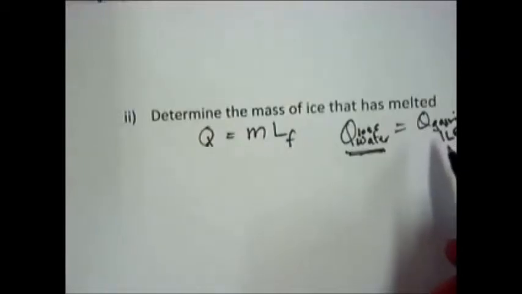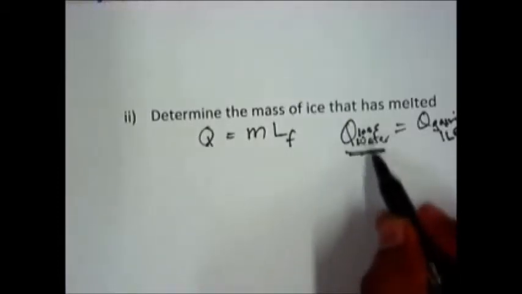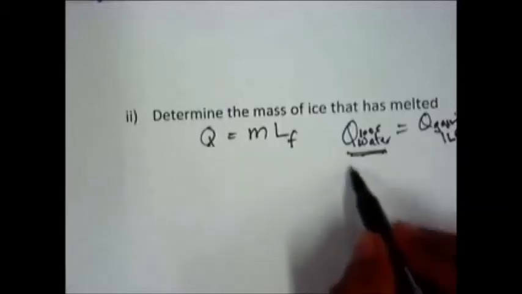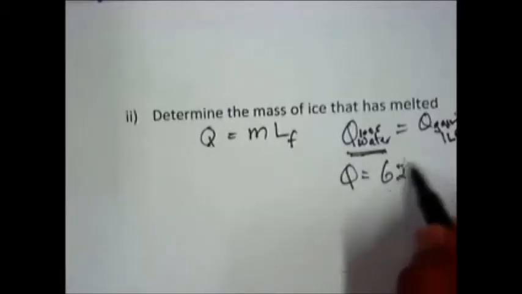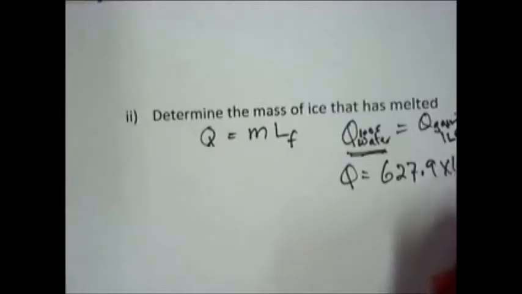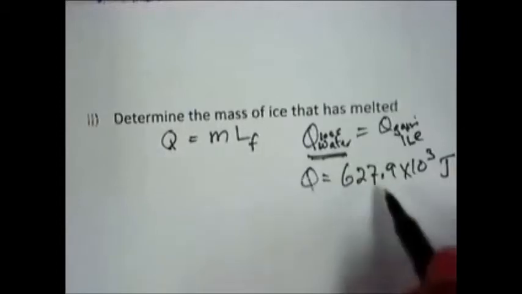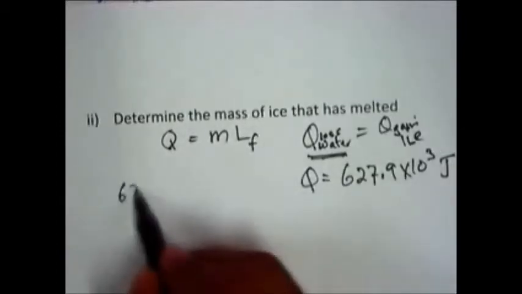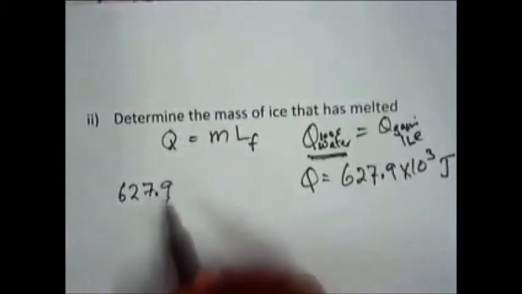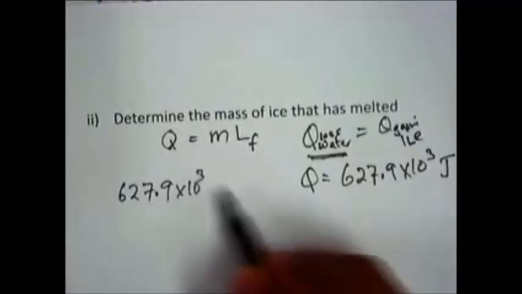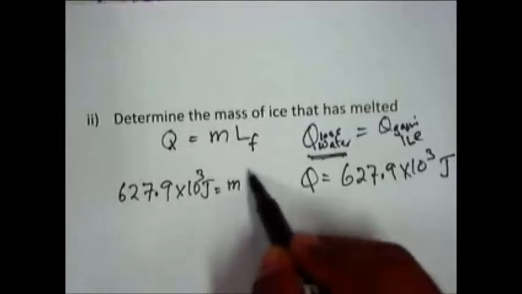When we look at the initial question, we saw that the Q lost by water and gained by ice is equal to 627.9 times 10 to the power 3 joules. So you bring that value here, so you say 627.9 times 10 to the power 3 joules is equal to mass times L_F.